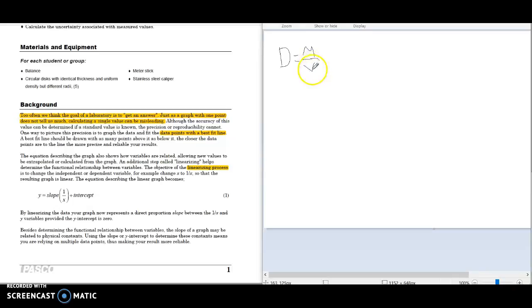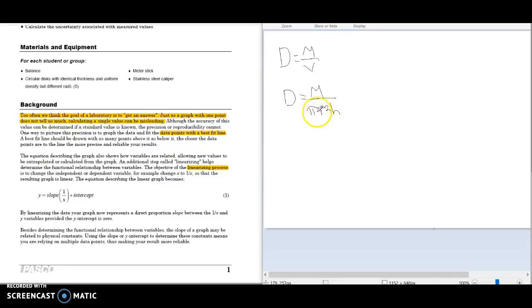However, we only have the volume here. So the volume for a disc is, I'll write this out, pi r squared times h. So this is the volume for a disc that we're measuring. Now we have mass and we have radius.